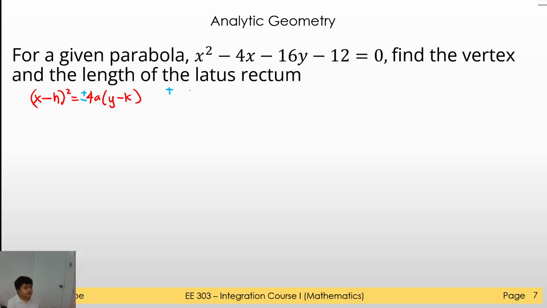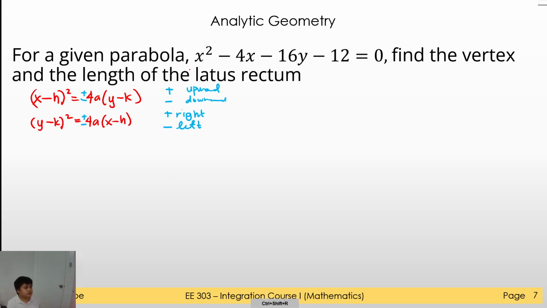If it is positive, it is upwards, and negative if it is downward. And then for horizontal parabolas, we have y minus k squared is equal to 4a times x minus h. If it is pointing toward the right, it is positive, so plus and minus. If it is negative, this will be opening to the left.